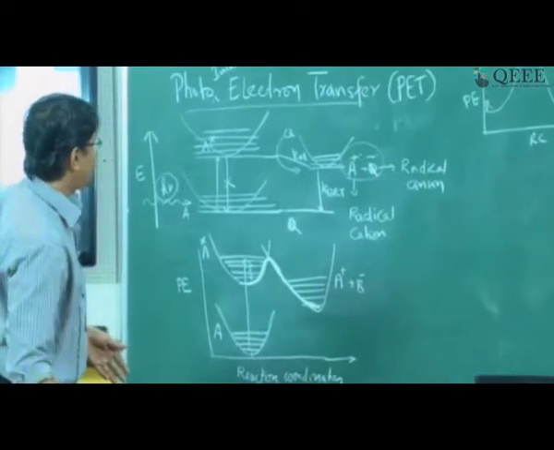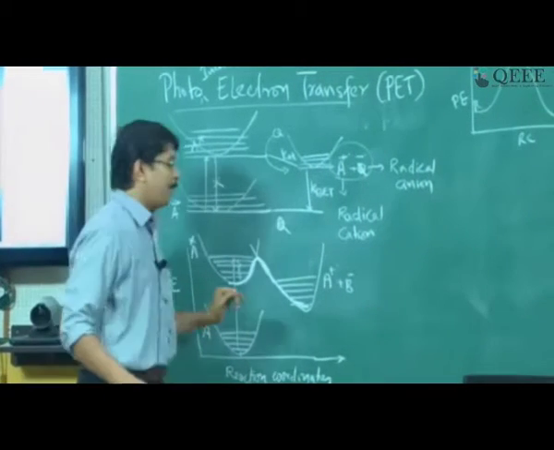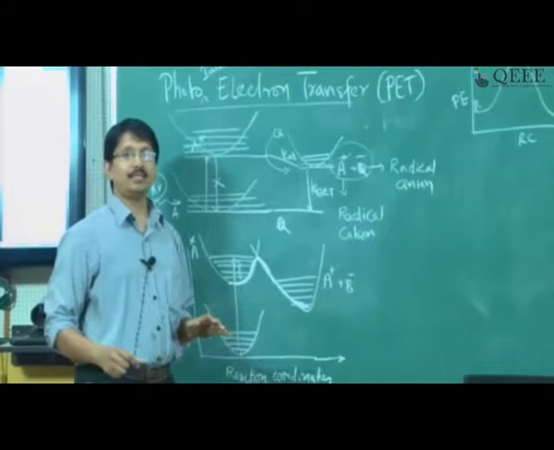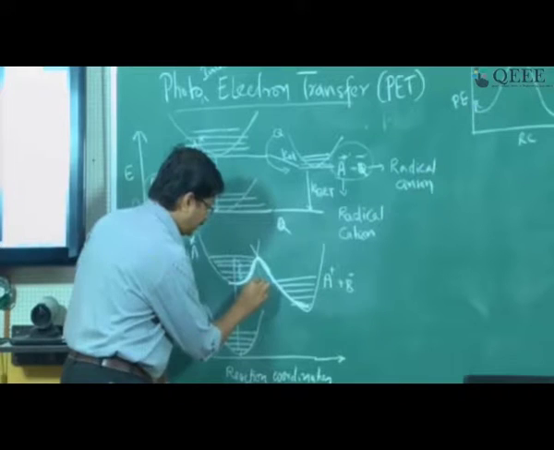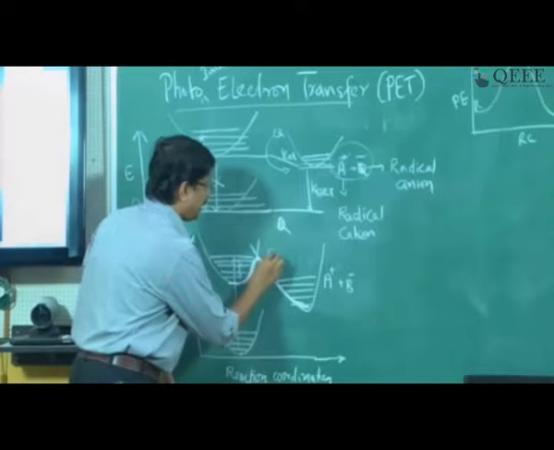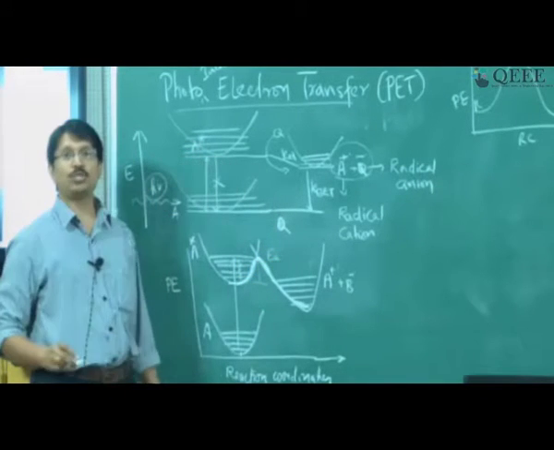Now where is the activation barrier? How much activation is happening? As you can see clearly, this distance is the EA or activation energy.